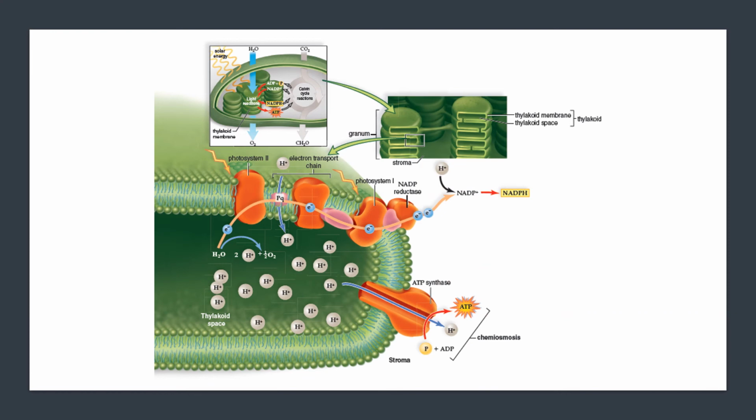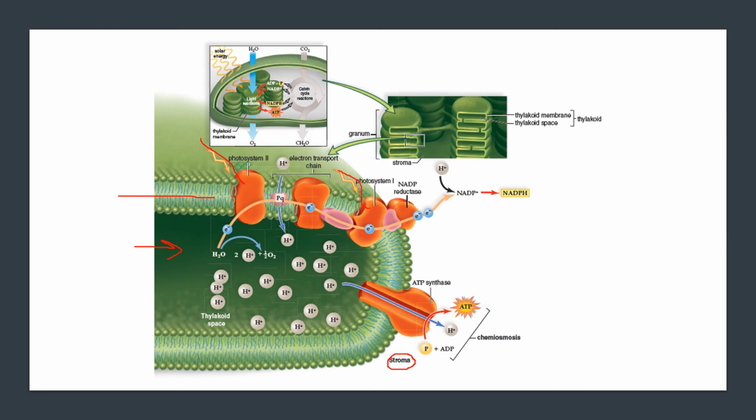As we are looking at this image, we've basically taken a cross-section of our thylakoid, and so we have the thylakoid membrane here, and this is our thylakoid lumen. And then outside of the thylakoid, of course, is the stroma. So we have our photosystems 1 and 2 that are capturing light.